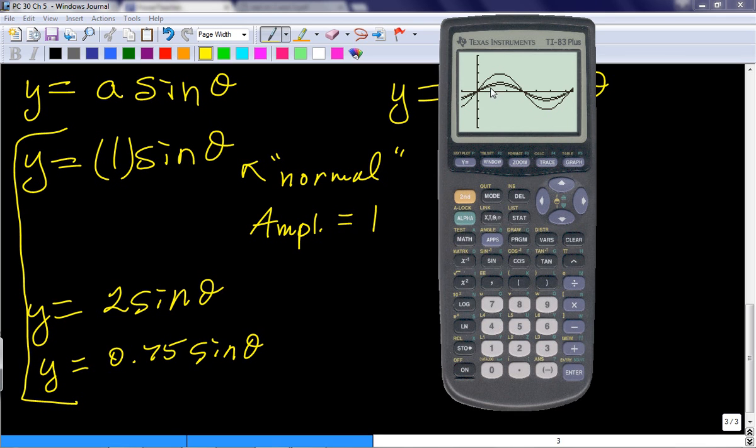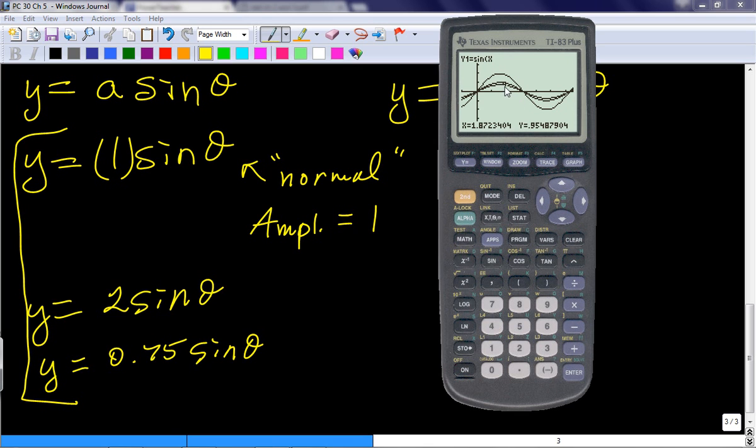All right, so you can pretty easily see that this A value over here indicates sort of what the amplitude is. 1 has a maximum displacement here from the center line up 1. 2 goes up to 2. 0.75, hard to tell, but it just goes up to 0.75. If you hit the trace button, you can move your cursor along each of the graphs, and it'll show you in the top left corner which graph you're actually on.